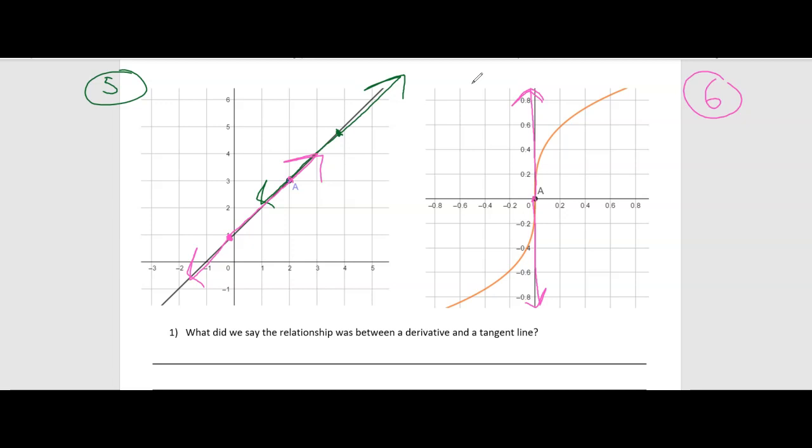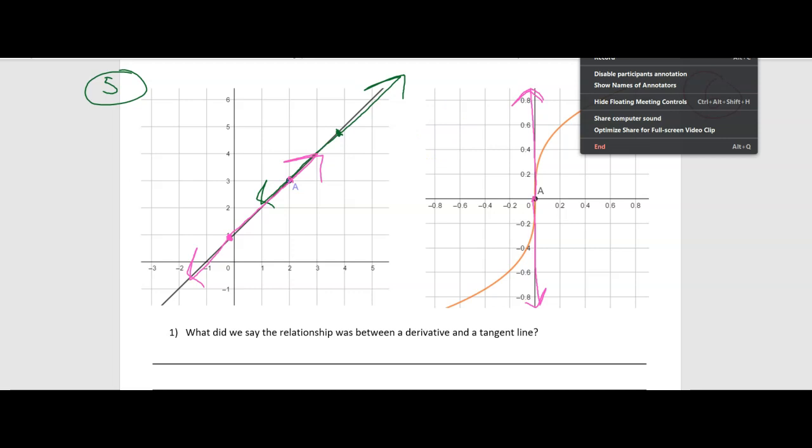The slope of a vertical line is undefined, which means our derivative here would be undefined. So we wouldn't have a value for a derivative here. So even though we can draw a vertical tangent line, the slope of that tangent line is undefined, which means the derivative would be undefined, which means we don't actually have a derivative here.